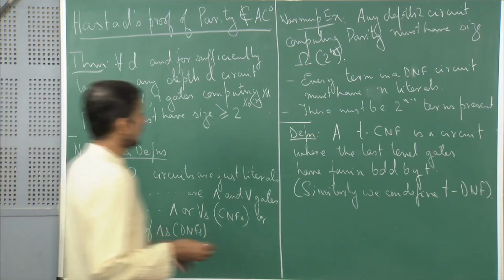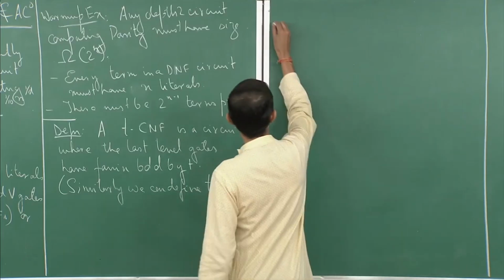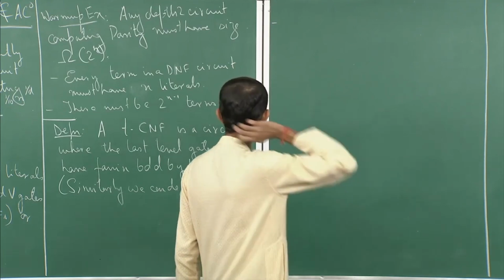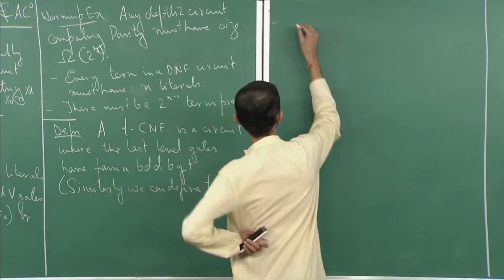Okay. So, next I would define what is called a random restriction. We have actually used random restriction in Nechiporuk's theorem, but I will define it once again.